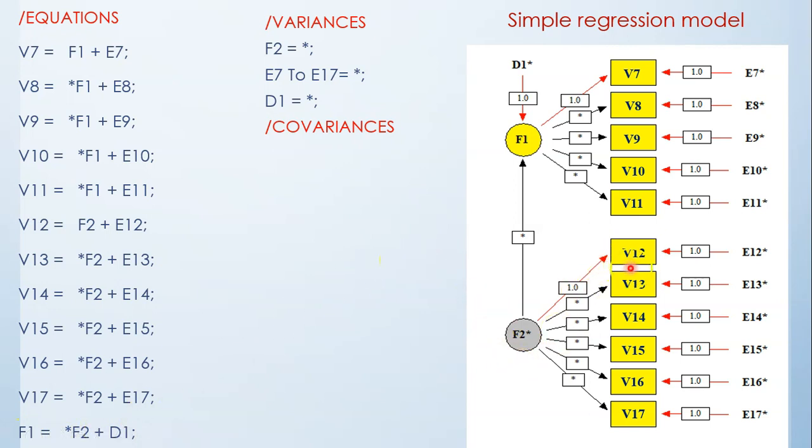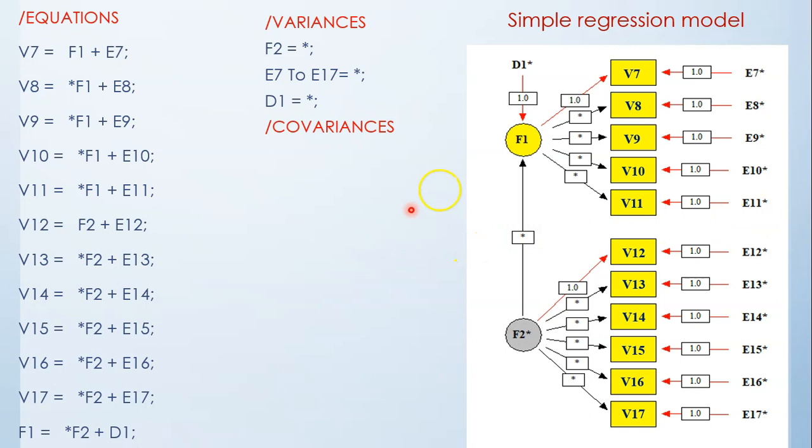As another example, let's have a look at V12. For V12, we have 1 times F2 plus 1 times E12. For V11, we have asterisk times F1 plus 1 times E11.